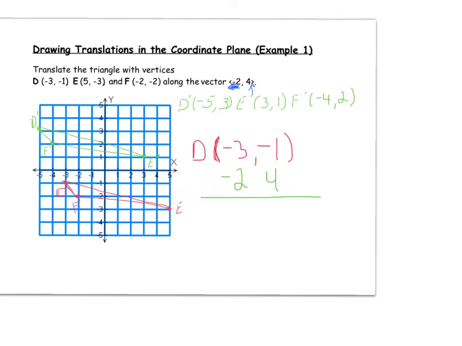I'm going to put that plus right there just so we know we're going to add those two. When we do, we end up with -5, 3. That's our D prime. I would hope you see that this matches this right here. And we would do that for each one of those examples. Just add our vector to our old points, and we come up with a new point.